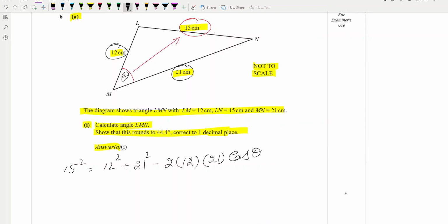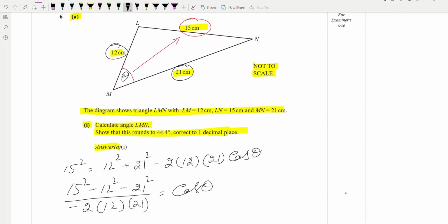And now we can shift cos theta; basically first these two we will be shifting to the other side. So 15 squared minus 12 squared minus 21 squared, and then we can shift this also to the other side, over minus 2 into 12 into 21, and this is equal to cos theta.